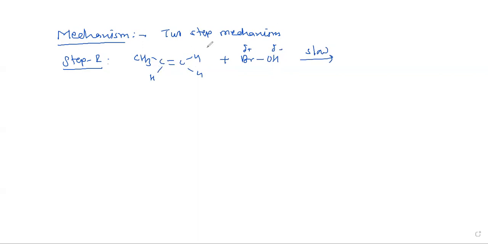So first we will show this attack, and we get a cyclic bromonium ion, formed along with OH minus.